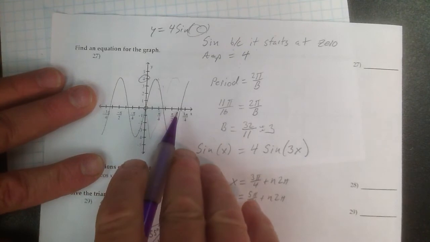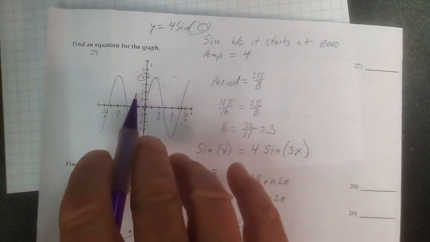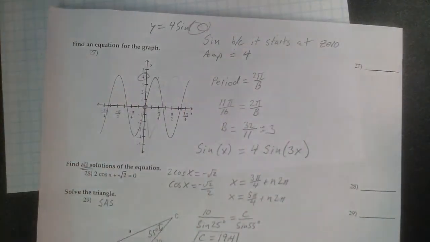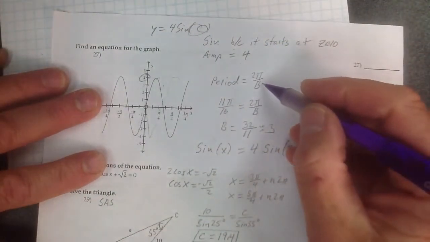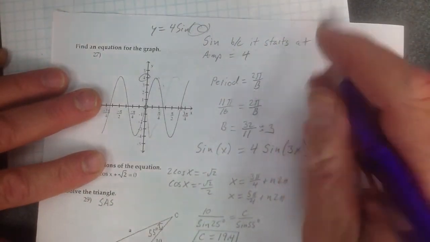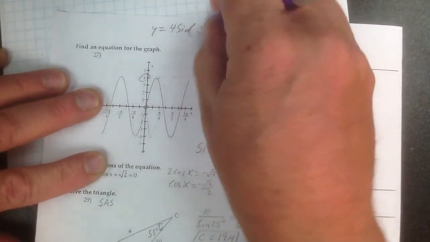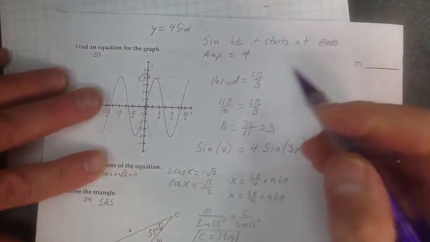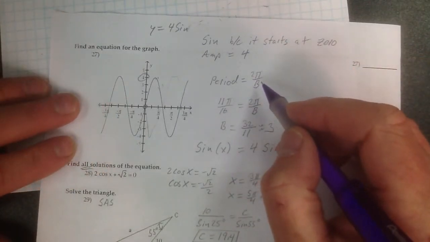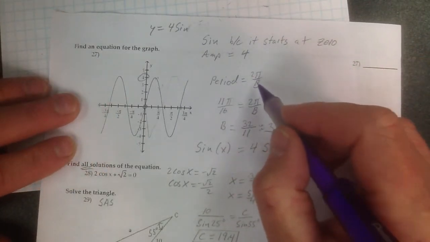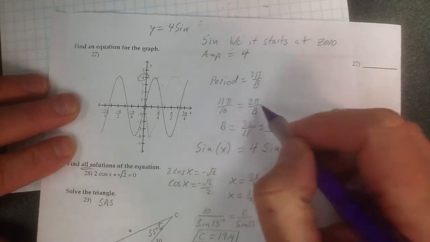But I can see that this does not have a period of 2 pi. Well, it's going to have 2 pi divided by b. b is the coefficient of my variable. So I have to figure out what the period is, or back-calculate b.